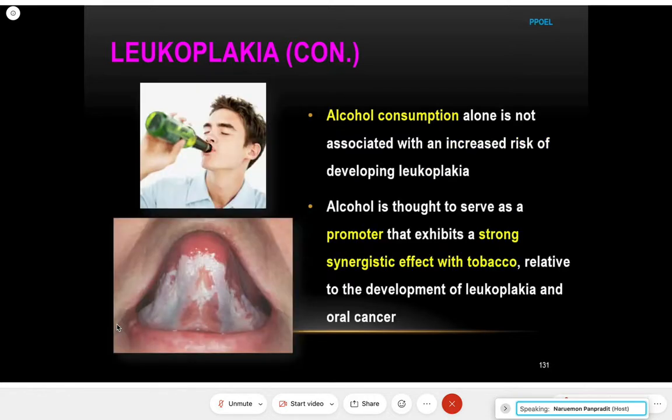We need to ask not only about smoking habit but also alcohol consumption, because if the patient smokes and drinks together, alcohol is a promoter with a synergistic effect with tobacco, which is more and more dangerous. So don't just ask about smoking but also alcohol consumption, and ask the patient to stop both.